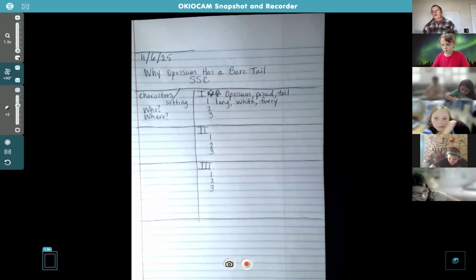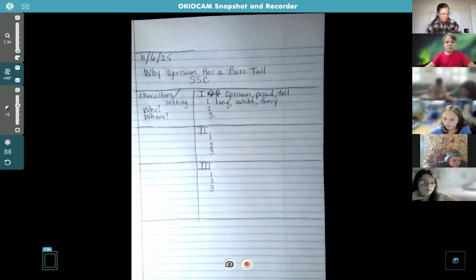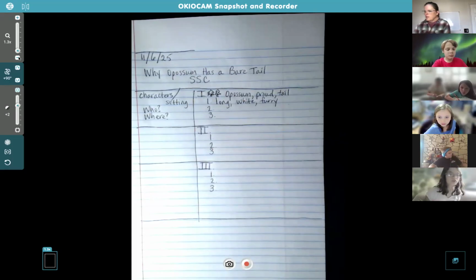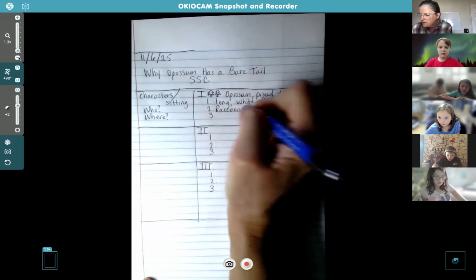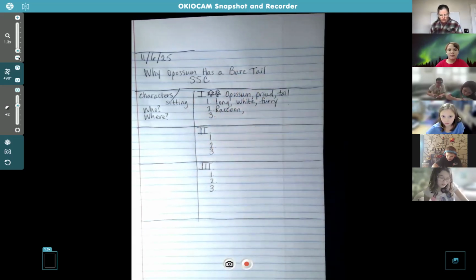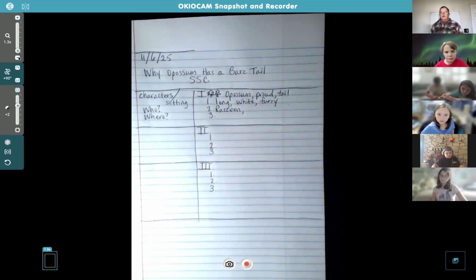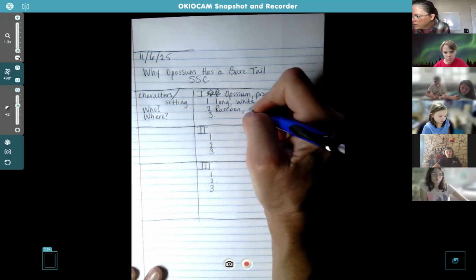What was the other character, Sydney, in this story other than the opossum? The raccoon. Good. Let's talk about the raccoon next. Put his name there, the raccoon. And what was it, Sydney, about raccoon's tail? What does his tail look like? It has black rings. I like it.